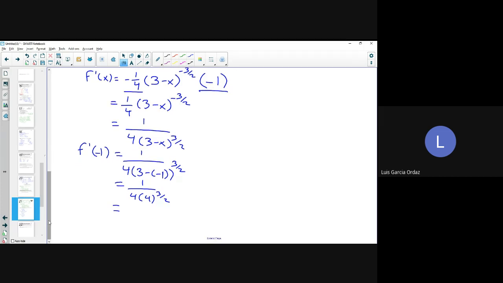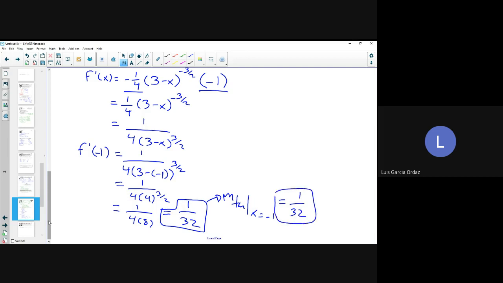And when we use our calculator, I get 1 over 4 times 8, which gives me 1 over 32. So now, by finding my derivative, I know that the slope of my tangent at x is equal to negative 1. So remember, guys, when you find your derivative, you're finding the slope of your tangent at a certain x value. So this means that the slope of my tangent at x is equal to negative 1 is going to be 1 over 32.